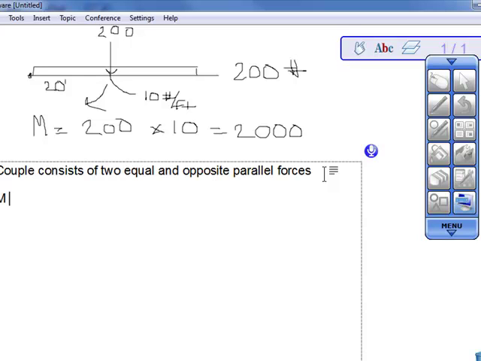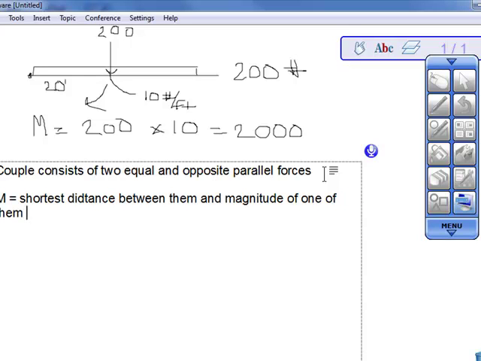So M in a couple equals the shortest distance between them and the magnitude of one of them, or the product of a distance and force.